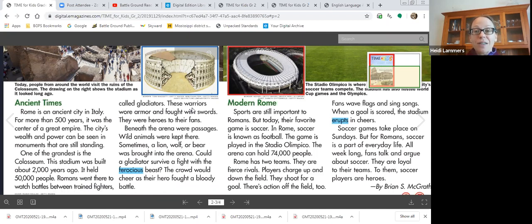Our author is using lots of different words to describe the same thing. Those are called synonyms. And stronger readers like yourself can handle that. These gladiators are warriors, they're fighters. These warriors wore armor and fought with swords. They were heroes to their fans.